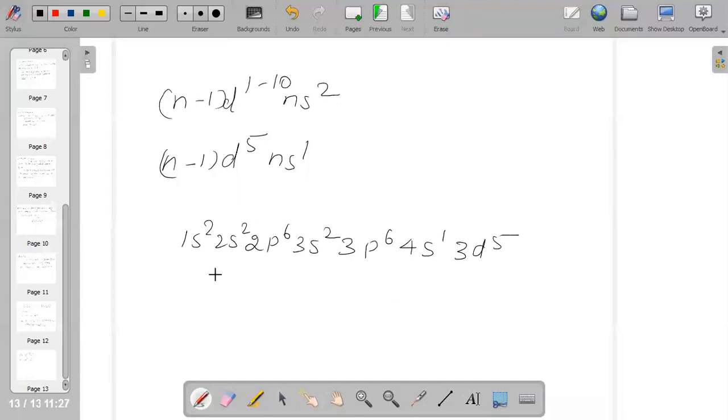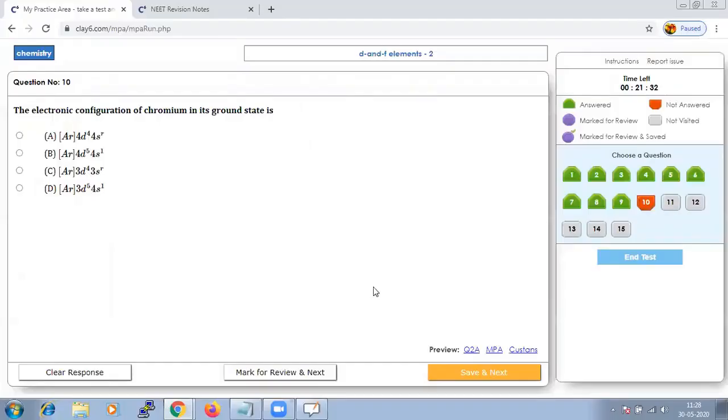So you can simplify this by saying argon 3d5 4s1, because there is an extra stability it will gain from the half-filled d orbitals. So the answer should be 3d5 4s1, option B. Let us save that and go to next.